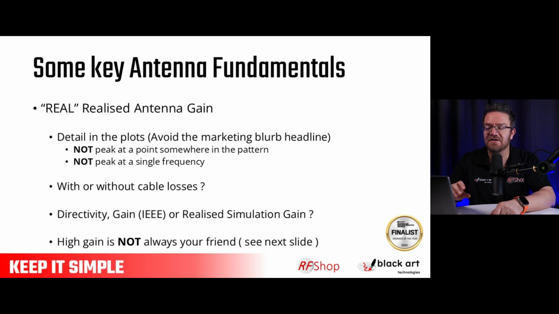The IEEE gain definition is different from realized gain. The realized gain takes into account losses and mismatches and all those things. So that's the one to go for. That's really the only one that you should look at. And if you get your material selections correct, it will also include the losses of, let's say, if you were to use lossy FR4, that's going to be the one that shows you there's the problem.